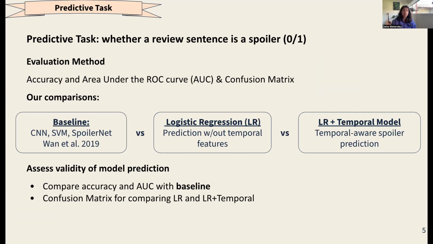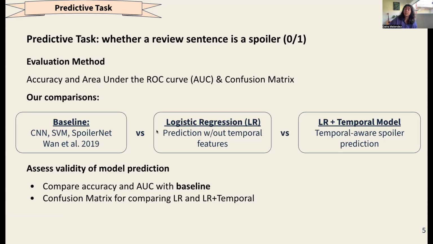We're going to evaluate this using accuracy and area under the ROC curve with the confusion matrix. For comparison, and this is just to introduce it, we'll definitely go into more detail as we go through, for the baseline we're essentially comparing everything to the Wan et al. paper that I presented. They looked at convolutional neural networks, support vector machines, and hierarchical attention networks.